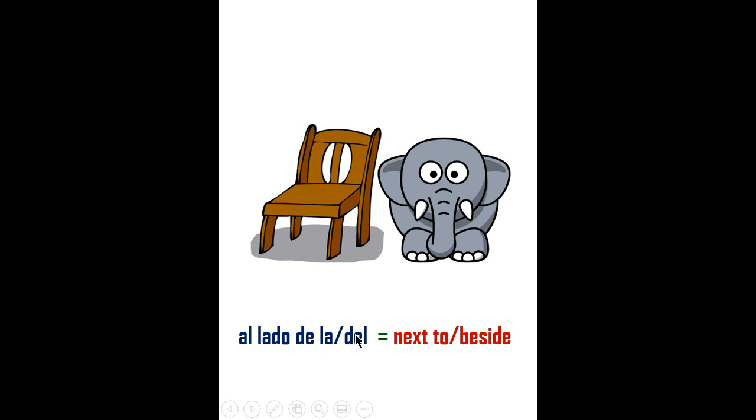Al lado del, that's the contraction that you would use, which means of the. It's next to or beside the. It's the only time that you can use the contraction del, if the noun that follows is masculine and singular. Al lado de la, if it's feminine. Al lado del, if it's masculine and singular, the noun that follows.